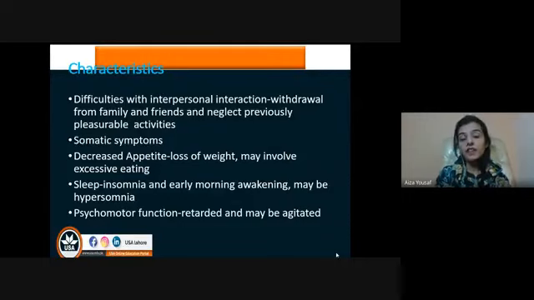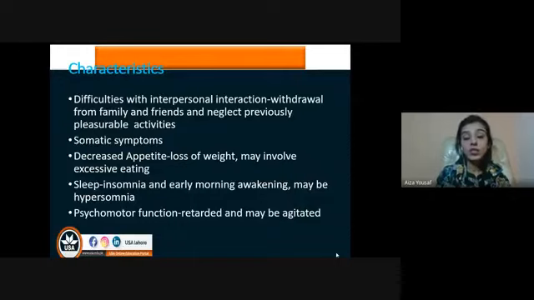As I have said earlier, depression represents its clinical symptoms differently for each individual person. For some patients, it may cause loss of weight due to decreased appetite, while in other patients it may cause an increase in weight due to increased appetite.